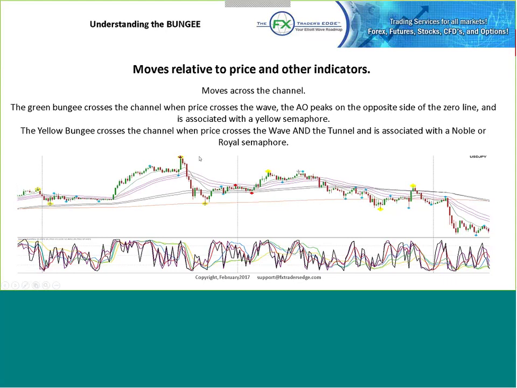And I'm going to tell you, you will see the green bungee cross the channel like that. And when it does, you will get a matching pair of yellow semaphores. The green bungee reaching the reversal zone is associated with a yellow semaphore. There it goes back to the top, yellow semaphore.